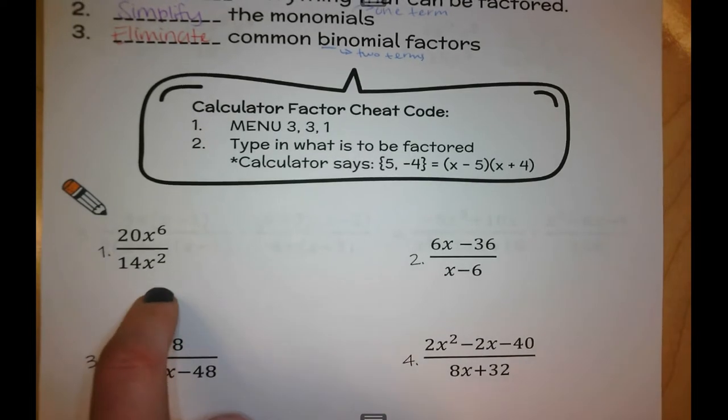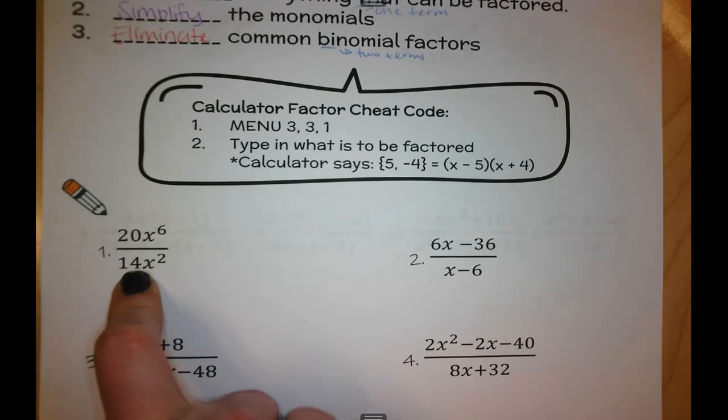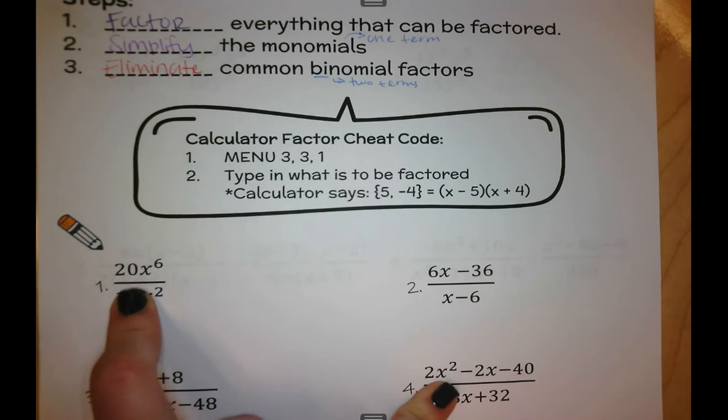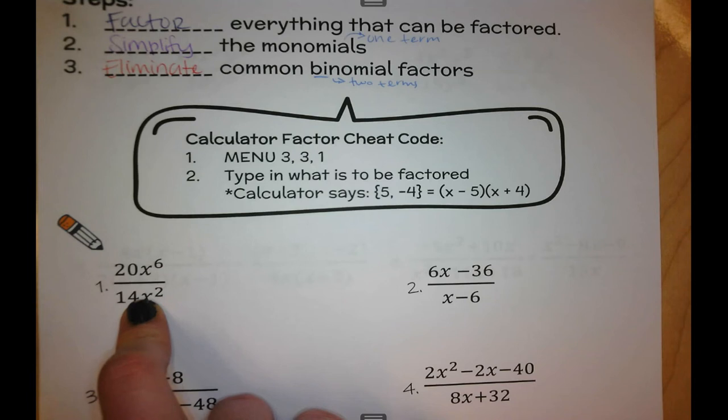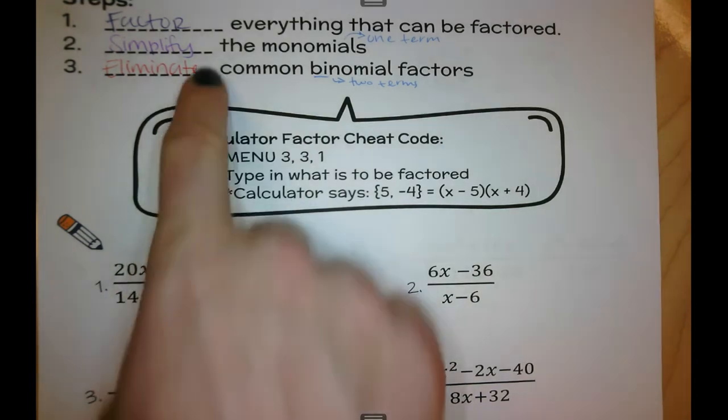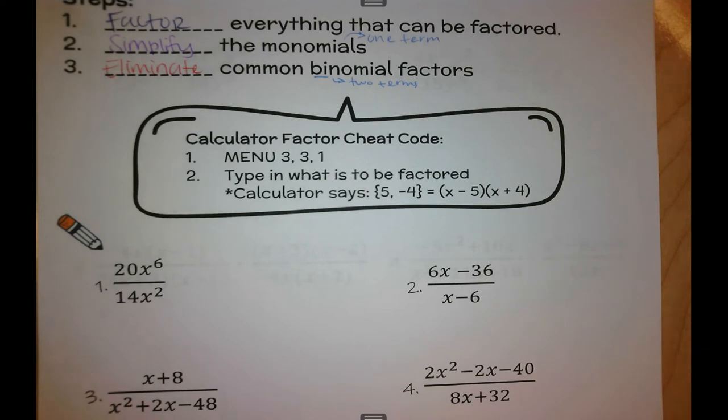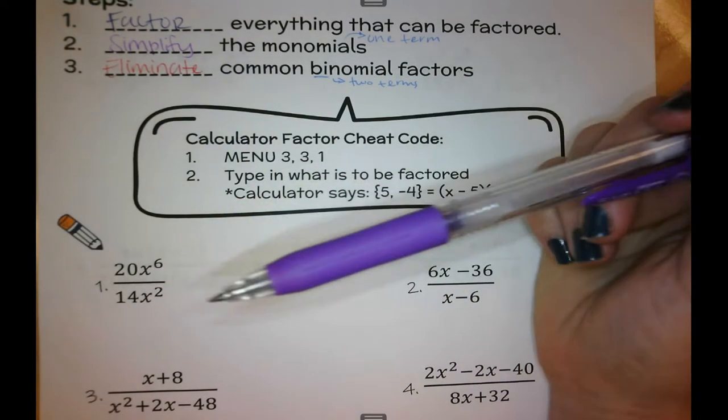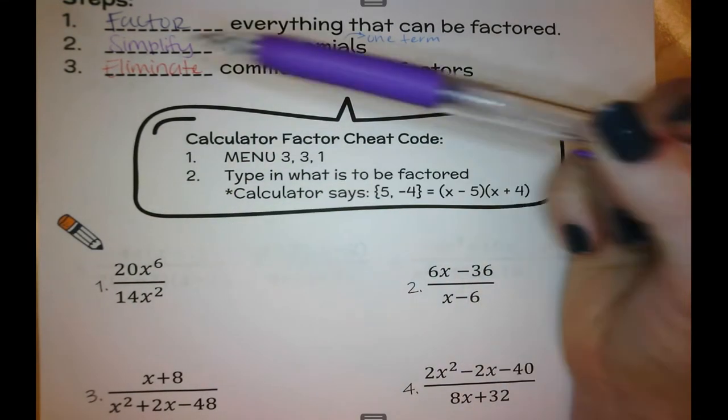All right, let's look at this one. We have 2 monomials. That means that we've got 1 term on the top and the bottom of our fraction, and we don't have anything that we can factor. So we can go to simplifying. So we're going to look at our numbers separate from our variables.